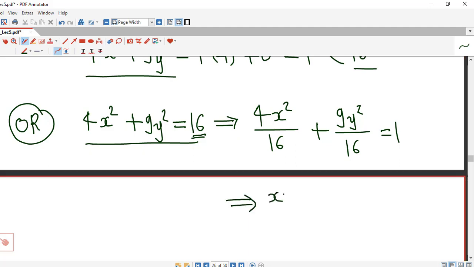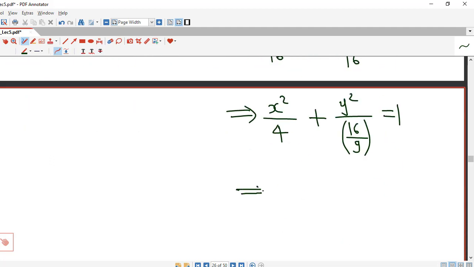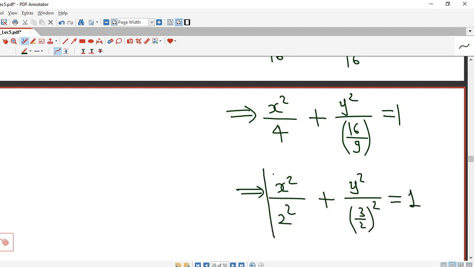So here 4 will cancel out. We have x square by 4 plus y square divided by 16 by 9 equal to 1. So this we can again rewrite as x square over 2 square plus y square over (4 by 3) whole square equal to 1. So this is the standard form of the ellipse.